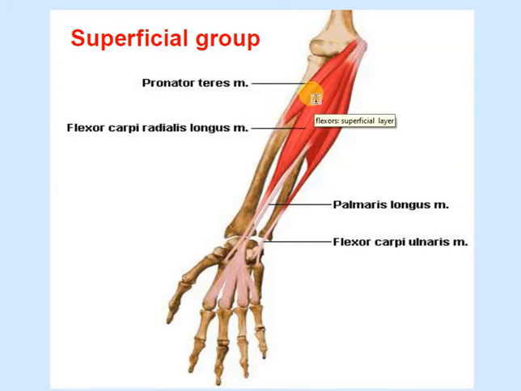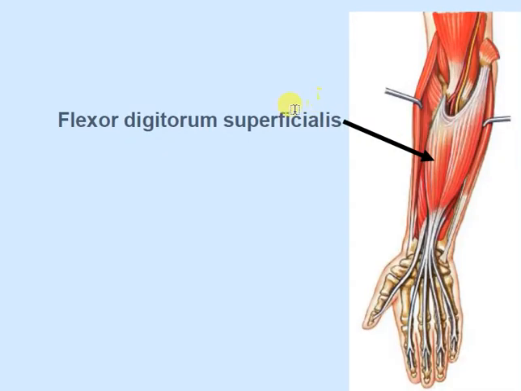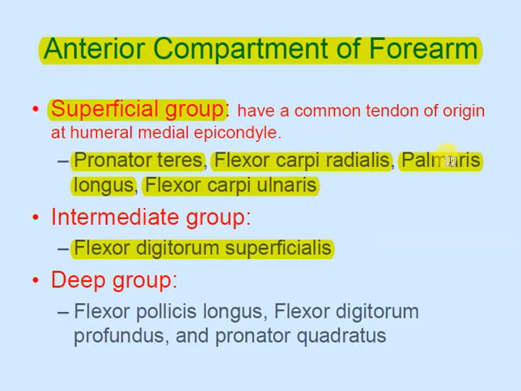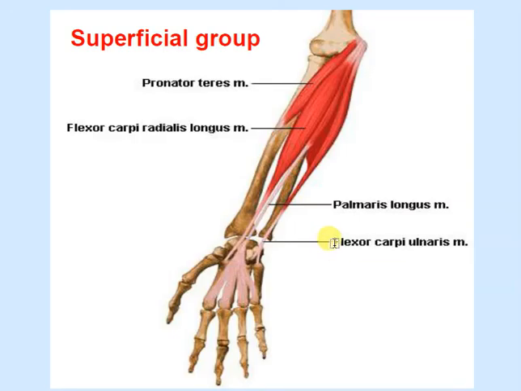In cadaver, this muscle is very obvious when you are dissecting. But as you can see in the deep group, we have the flexor digitorum superficialis. I mean in the intermediate group, flexor digitorum superficialis.